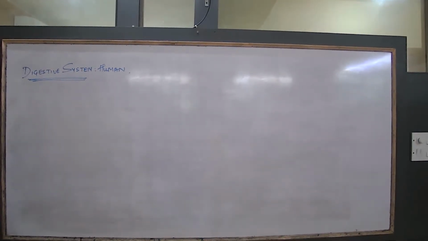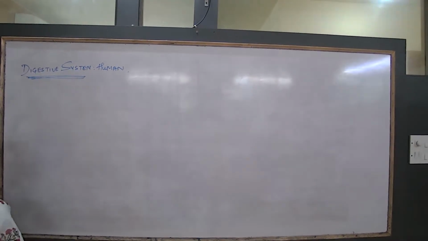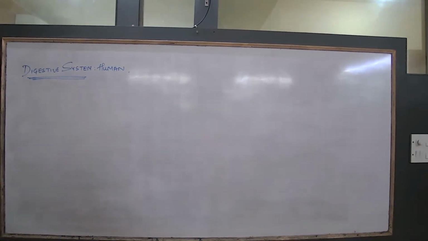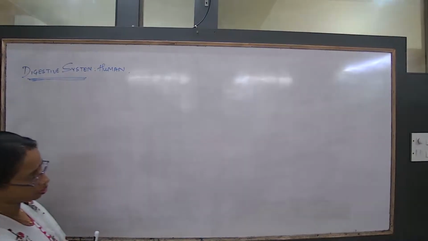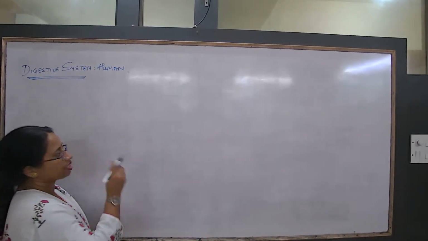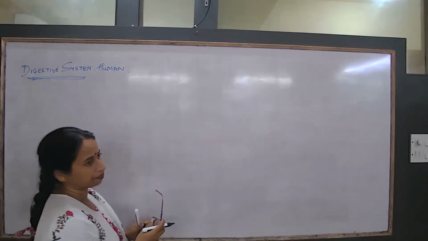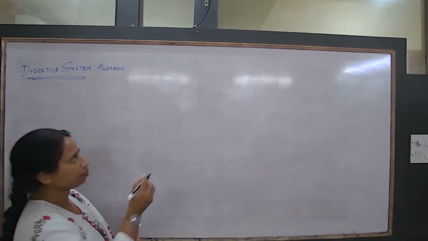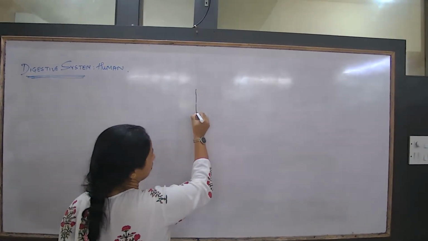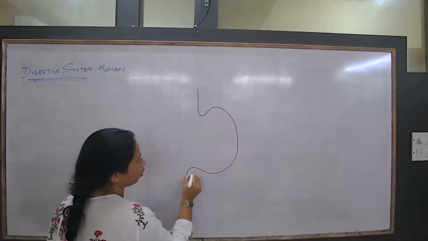Take one question. What are enzymes? Next, we are going to start now the next part of the alimentary canal. To understand, you'll have to know this word. What are enzymes?